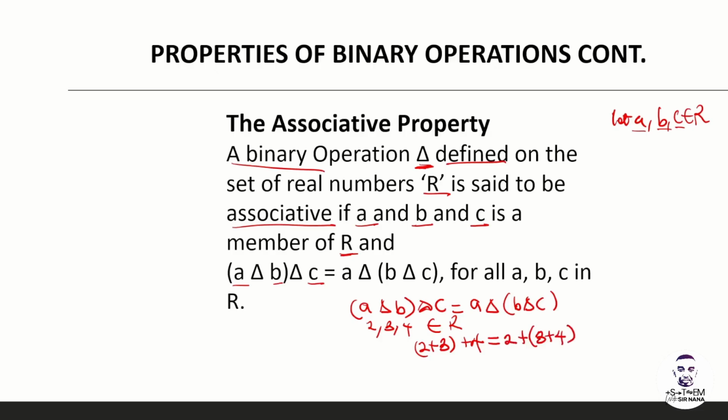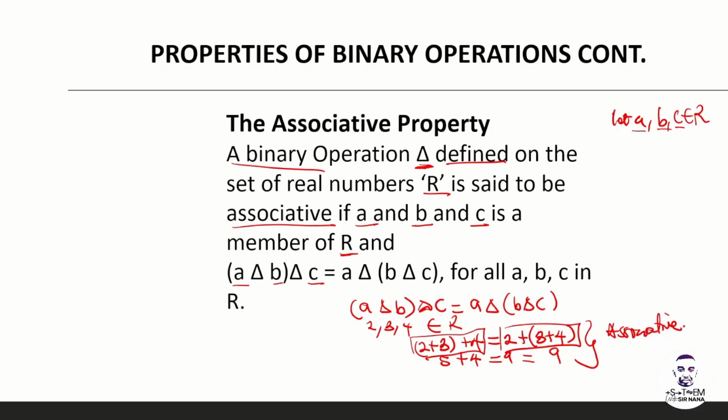Now we see that 2 plus 3 gives us 5, and 5 plus 4 gives us 9. And then 3 plus 4 gives us 7, and 7 plus 2 also gives us 9. So the operation here gives us 9, and that here as well gives us 9. Therefore, this is associative.